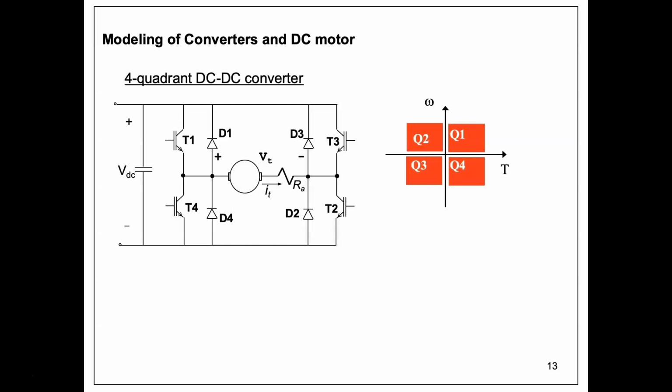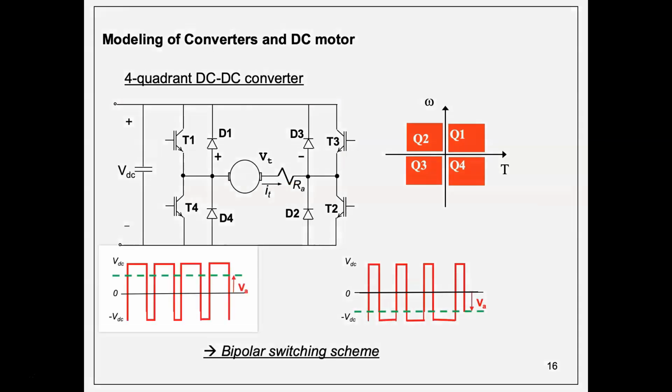Assuming a positive current flow, this can be obtained by turning on T4 and T3, and the current will flow through T4 and D3. If the current is negative, then it will flow through T3 and T4.